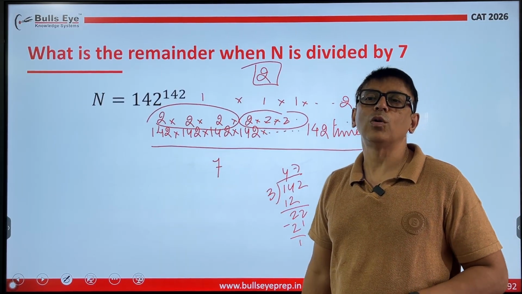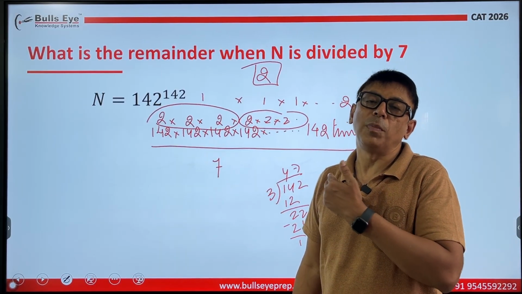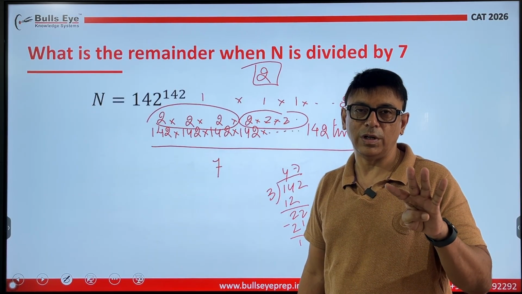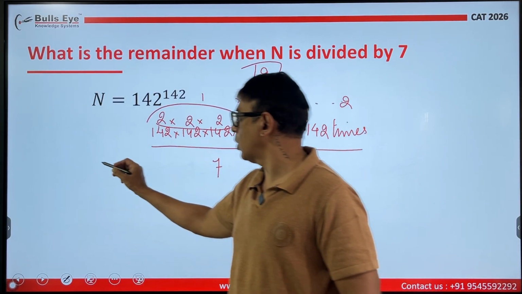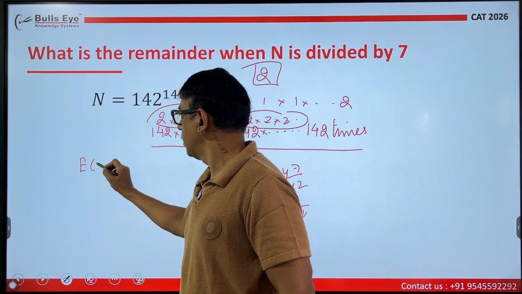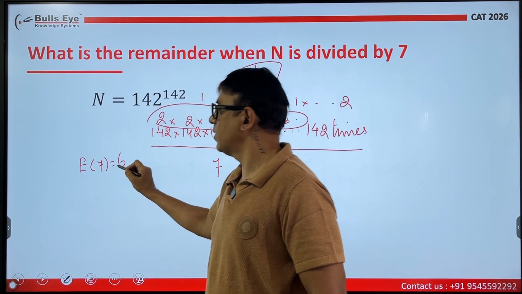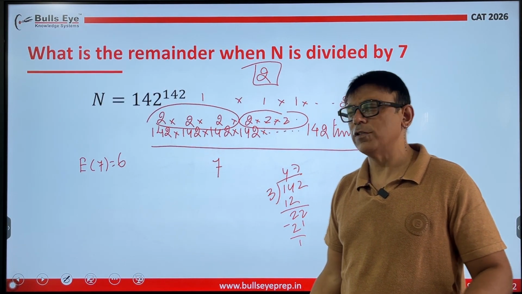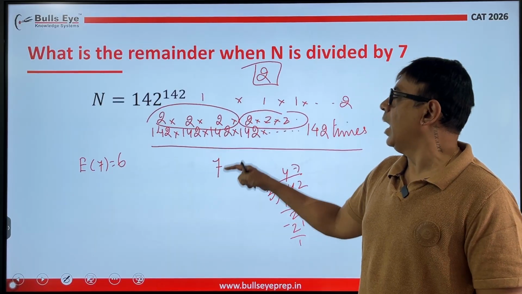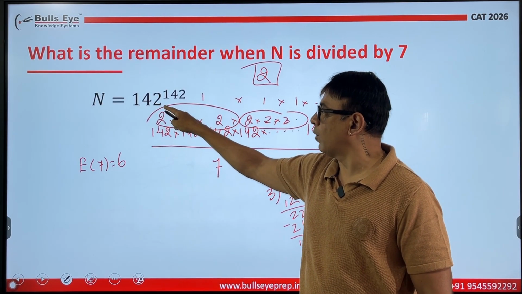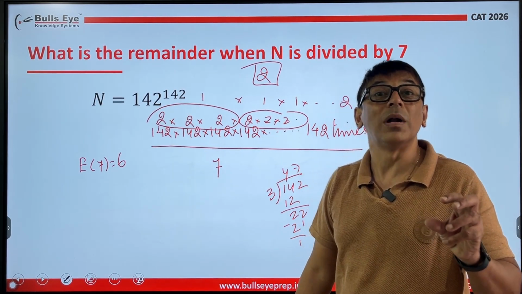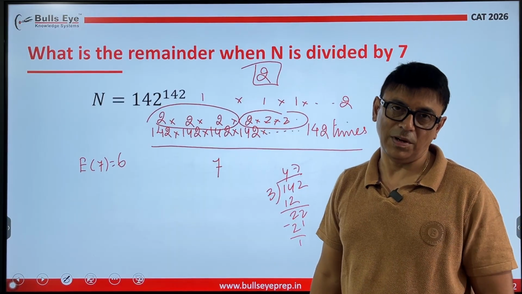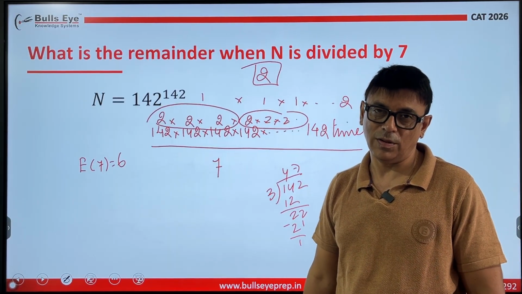You will have to find out the number of co-prime numbers before 7: 6, 5, 4, 3, 2, 1. So the Euler number of 7 is 6. So you first find the Euler number, and 142 raised to any index that is a multiple of 6 will always give a remainder 1. That's what Euler's theorem says.